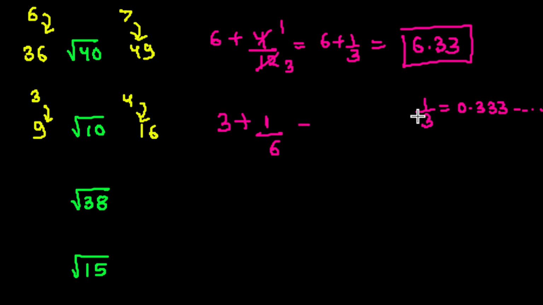Now, if 1/3 is this, then for 1/6 you simply have to multiply this by 1/2, like half of this number. And when you do that, you will get something that looks like 0.1666, if I round it up.